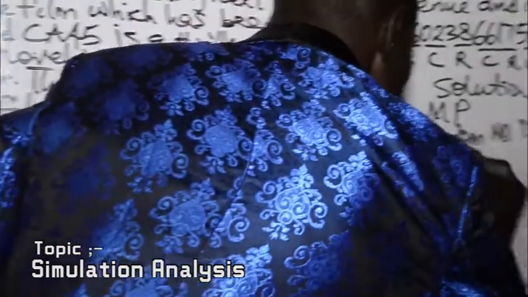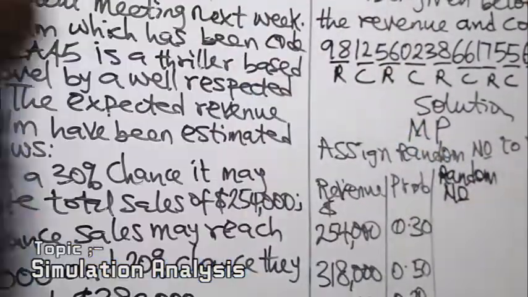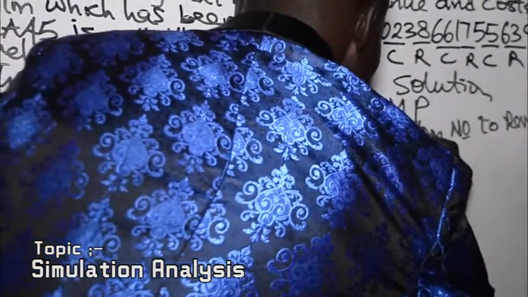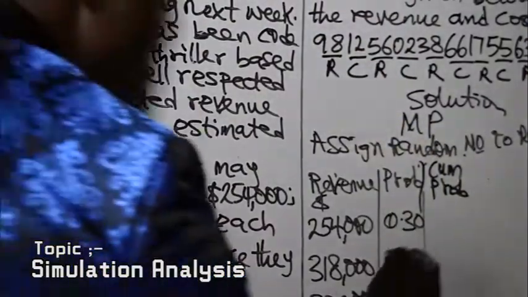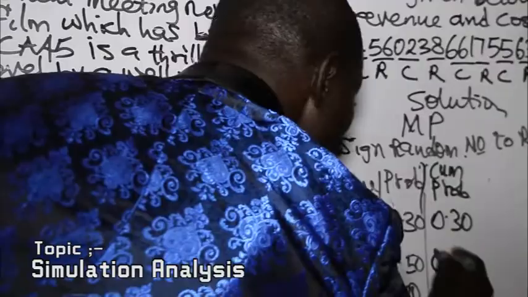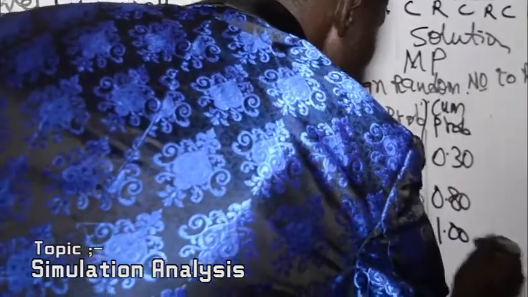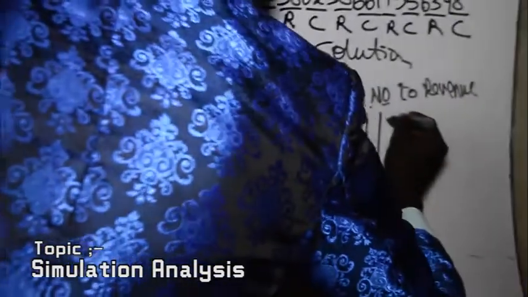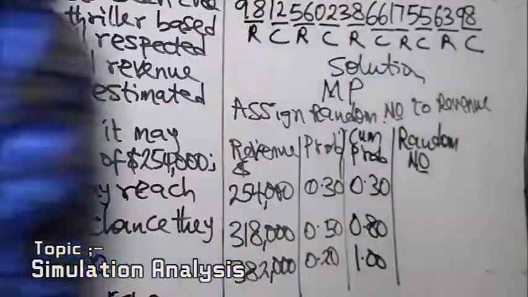The next step is to assign random numbers to our estimated revenue. To do that, you first need to determine the cumulative probability. The first is 0.30. 0.30 plus 0.50 is 0.80. 0.80 plus 0.20 is 1.00. That is our cumulative probability. After that comes the random number range based on Monte Carlo simulation.